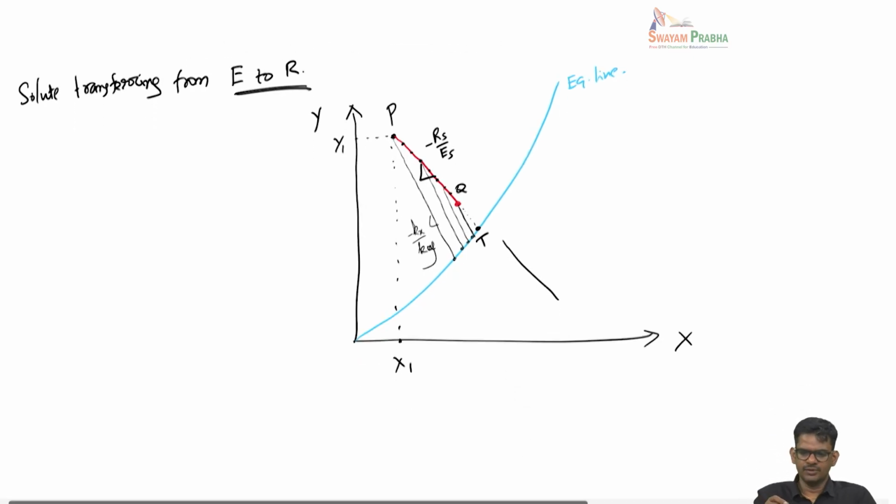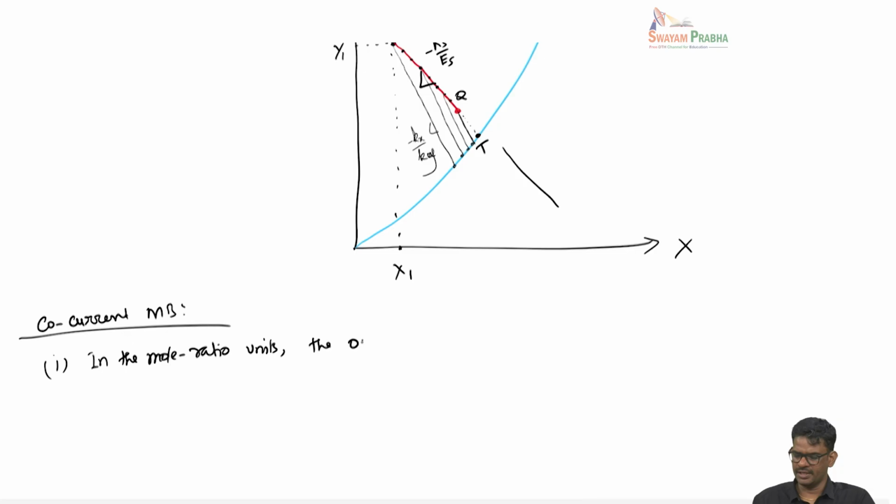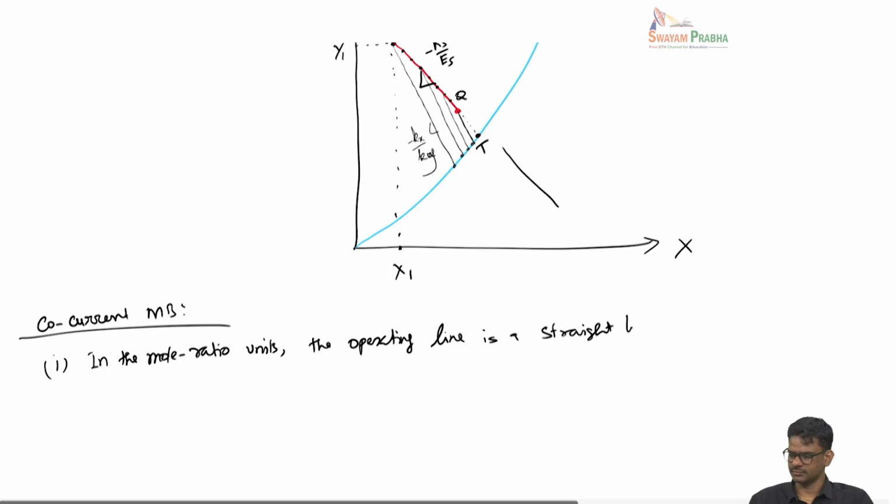So in summary, for the co-current scenario, one thing to note is that in the mole ratio units, the material balance operating line is a straight line with a slope of minus RS by ES.